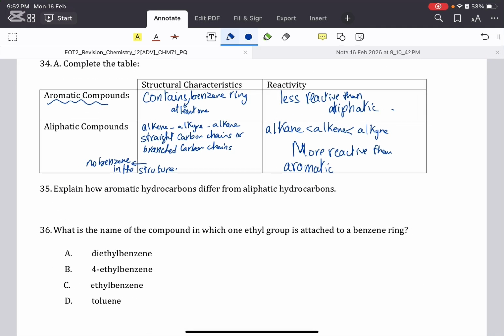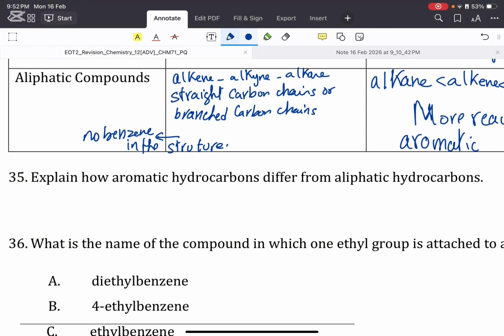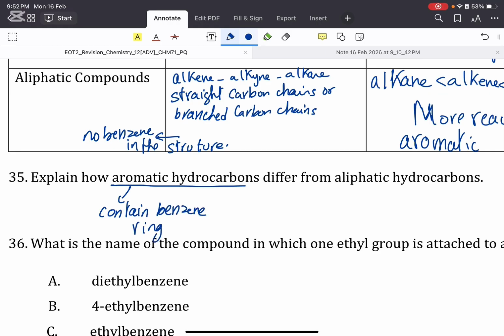Explain how hydrocarbon aromatic differs from aliphatic. Again, I'm going to say that the aromatic contain a benzene ring, whereas the aliphatic don't have a benzene ring.